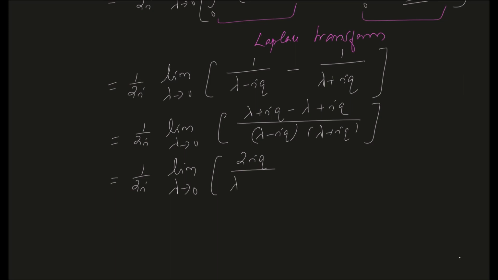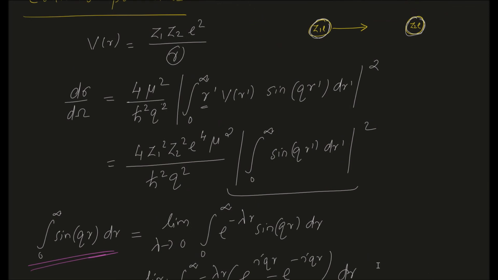In this particular case, this will be lambda square plus q square. The 2i can be cancelled from both, then what we have is q divided by lambda square plus q square. Now in the limit when lambda goes to 0, this is simply 1 by q. So if you put it back in this expression, we have the solution for the integral part, and we will be having the remaining part.